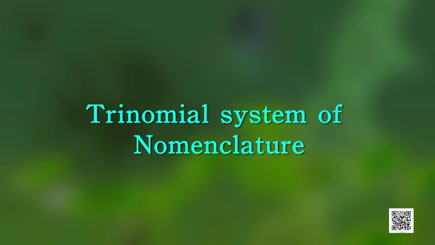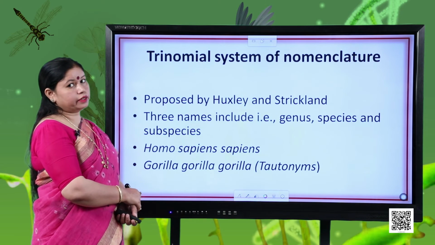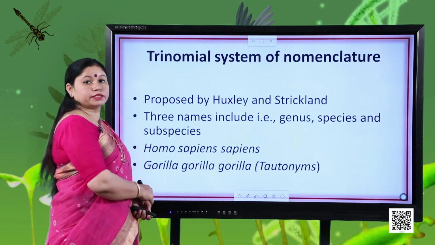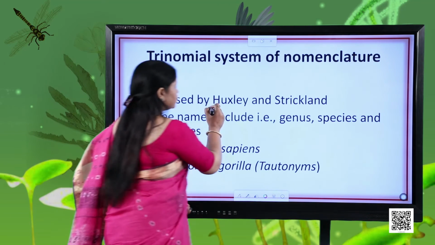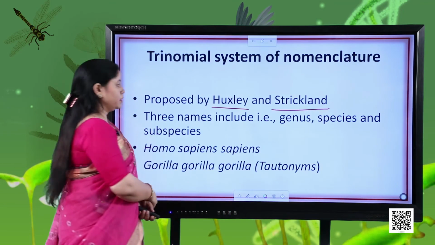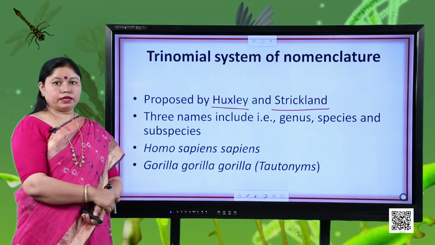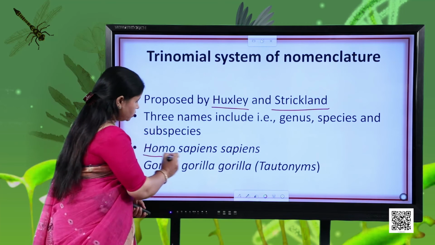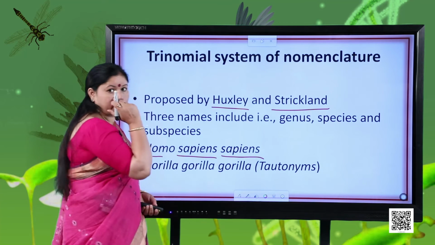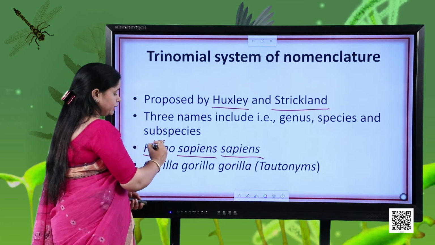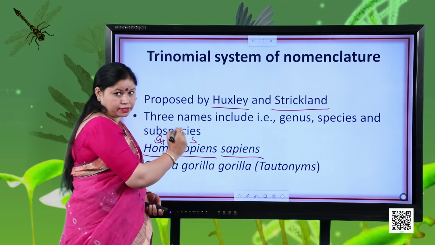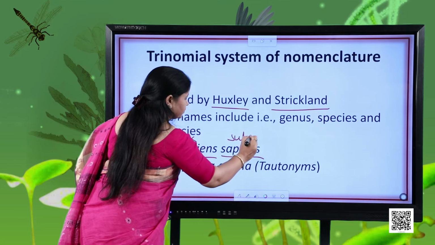There is another system, the trinomial system of nomenclature, which says any scientific name should consist of three words. This system was proposed by Huxley and Strickland. For example, Homo sapiens sapiens. The first word represents the genus, the next represents the species, and the last one represents the subspecies.